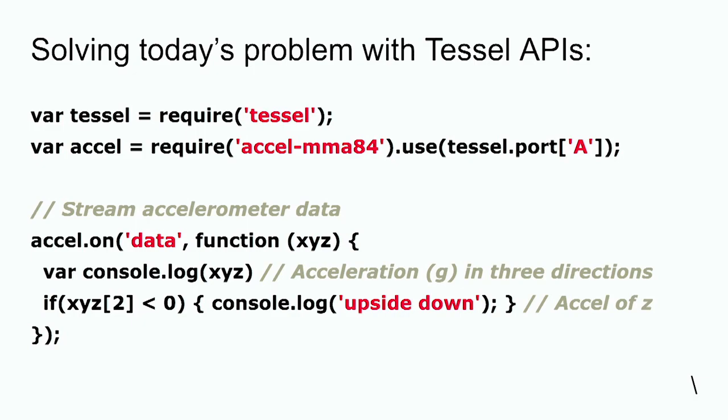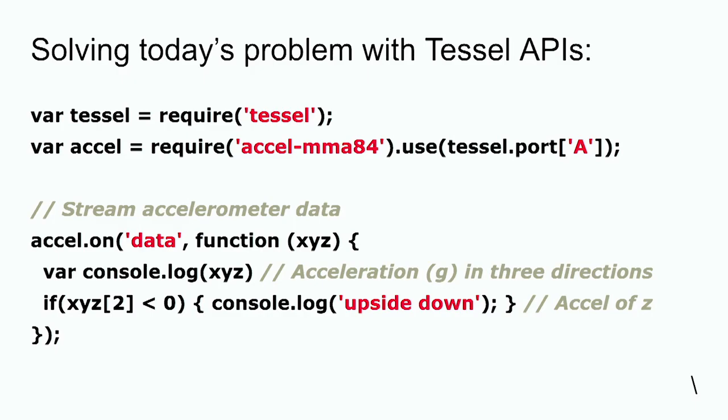Because gravity is a constant downward acceleration, I'll get a different z-axis sign, negative versus positive, if I'm like this versus like that. We're like 1 minute into my talk, so that's why I'm not telling you about Tessel today.